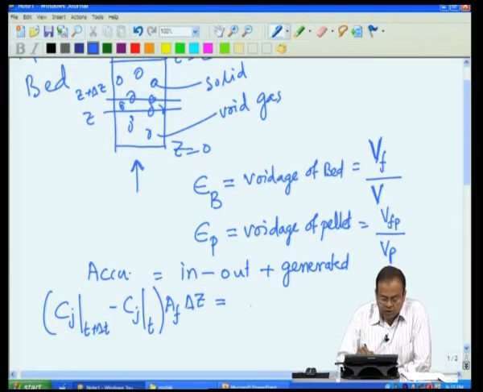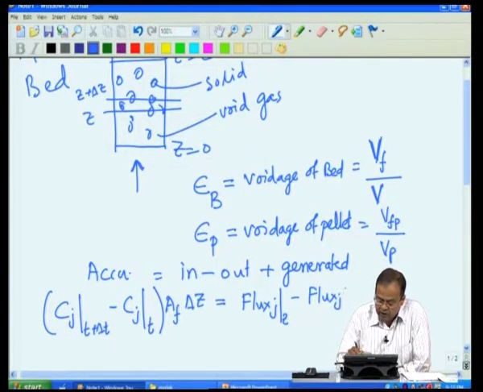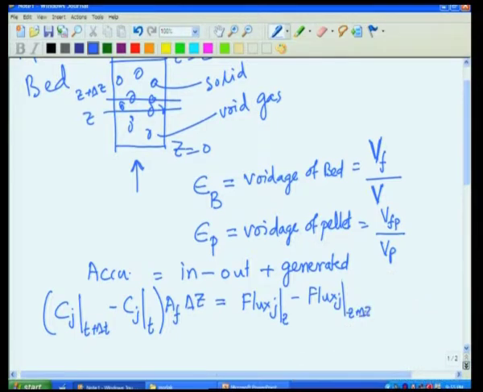Now, this accumulation is the result of the flux of J coming in at Z minus the flux of J at Z plus delta Z in time delta t, and flux is again per unit void area, so that is AF, in time delta t. This is the moles of J that come in and go out. And what about generation?